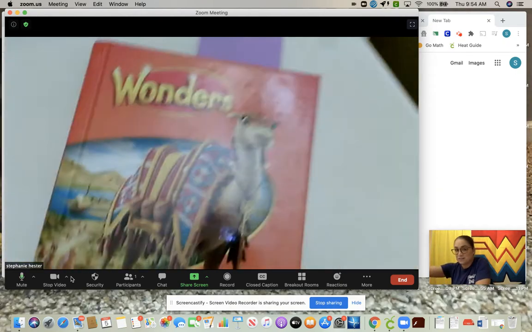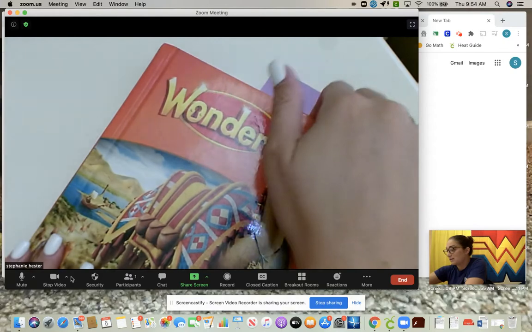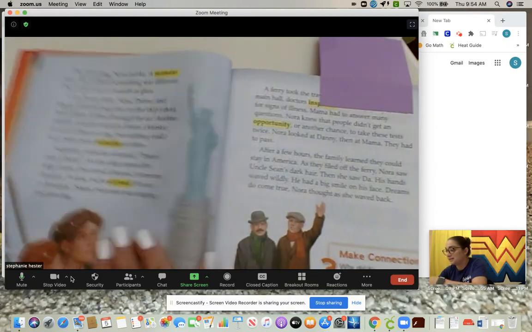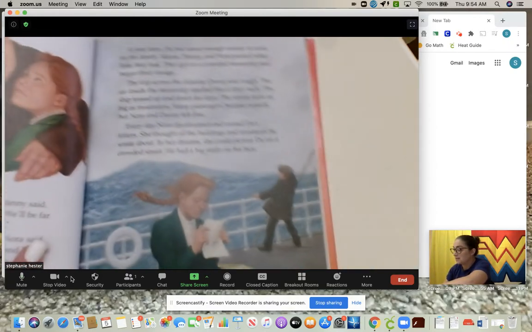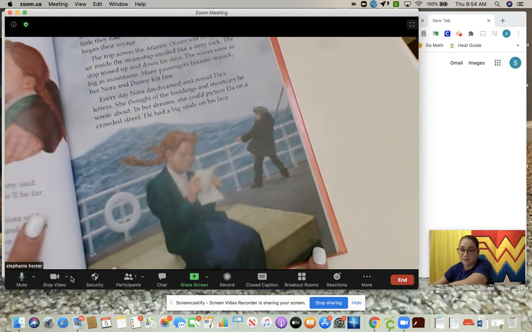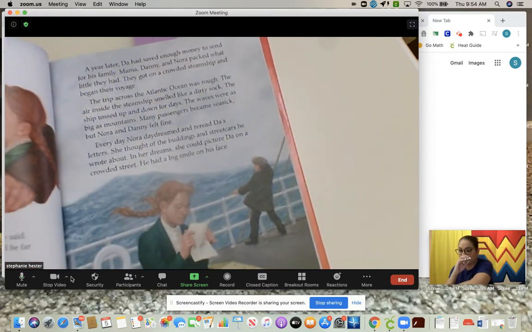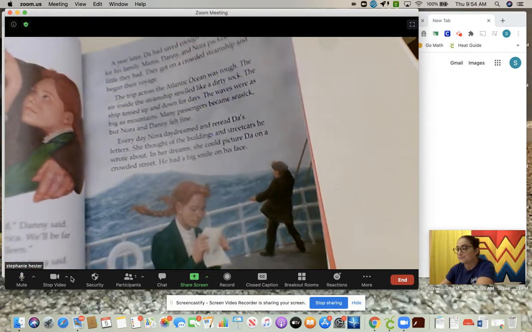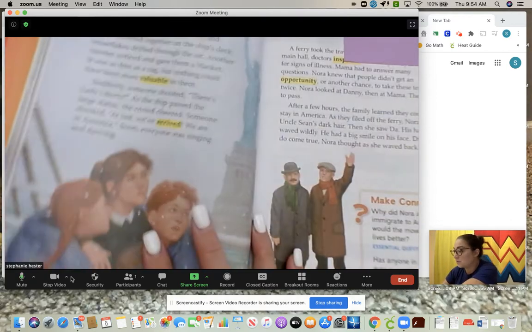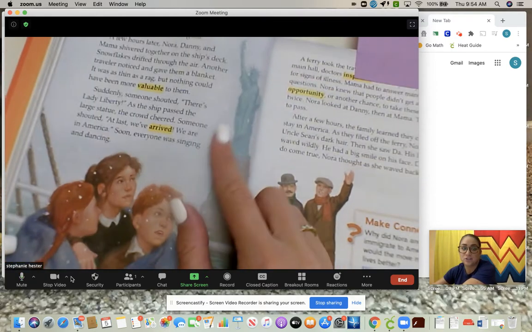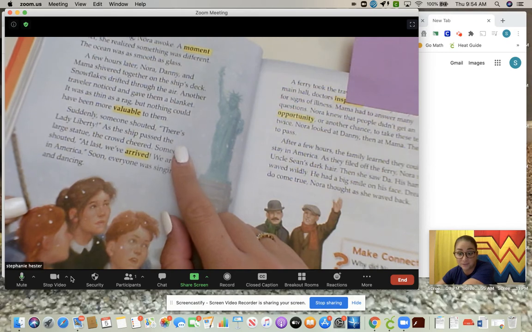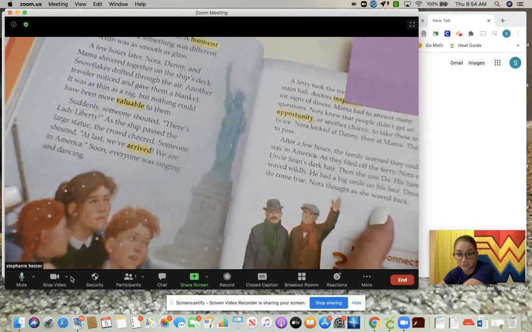In your Wonders book, we only got to read 121, and we talked about it, and I explained it in 122. So read these 2 pages a couple times. Tomorrow we'll continue.